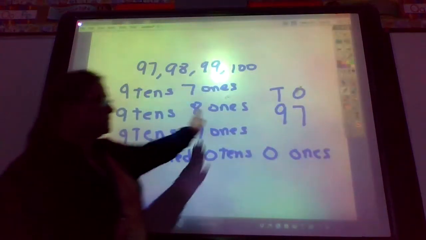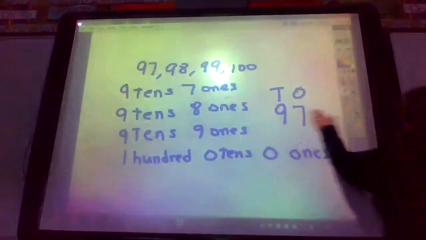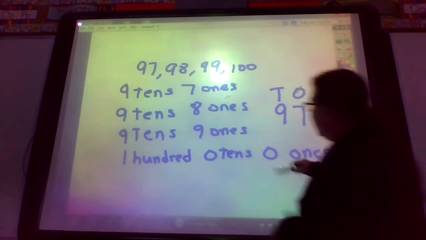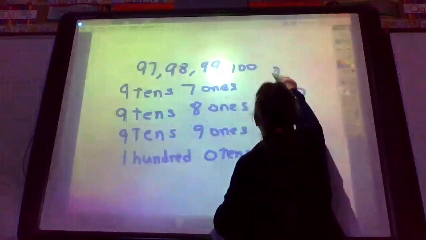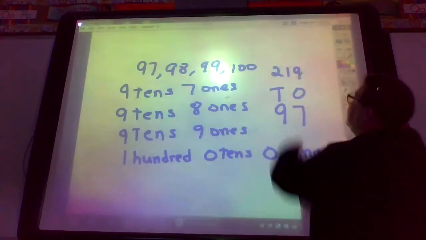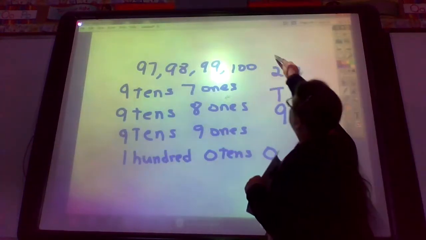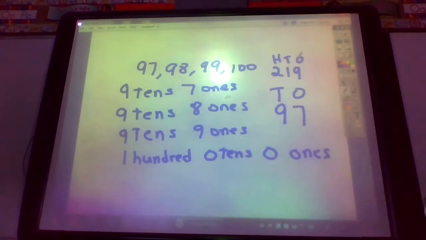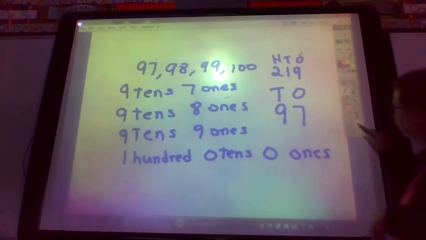And I read that from left to right. I always read from left to right with my numbers. I read left to right with my words. Okay? If I had this number, 219, I would read from left to right, and I would say hundreds, tens, and ones. Reading from left to right. Okay? Now, let's do our sprint.